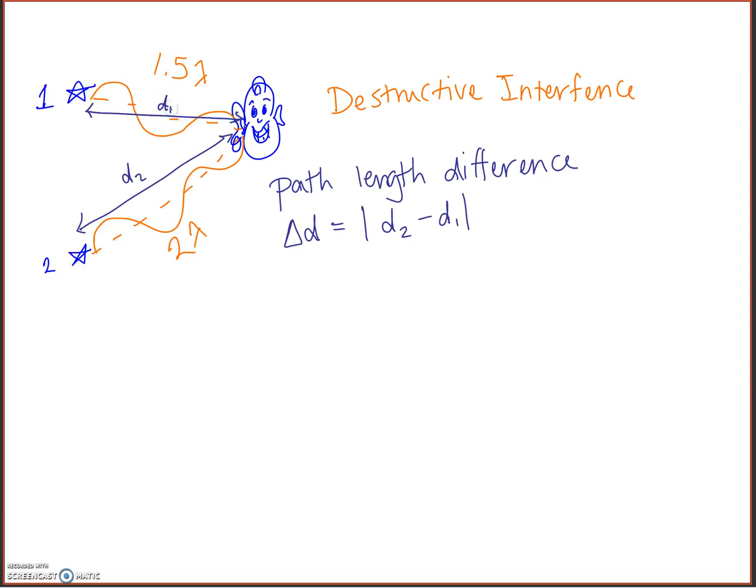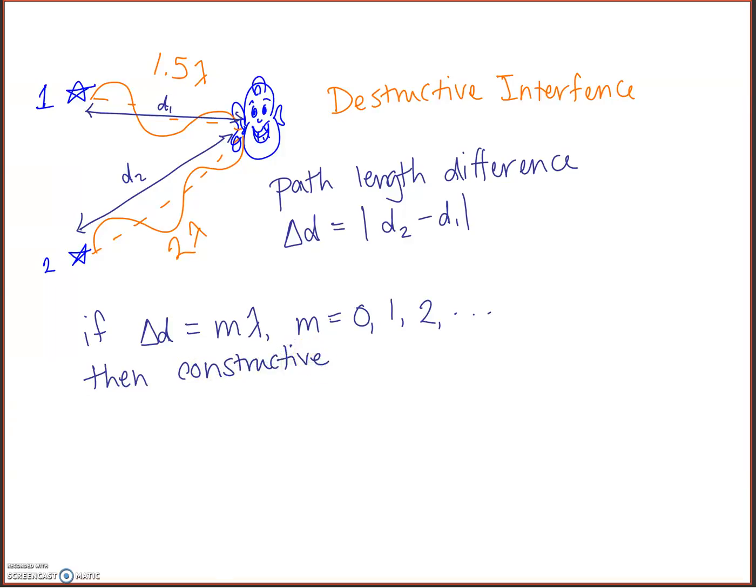If our path length difference delta D is exactly equal to some whole number of wavelengths, m lambda, where m is equal to 0 or 1 or 2 or 3 and so on, then I have constructive interference. Not the case in this picture.